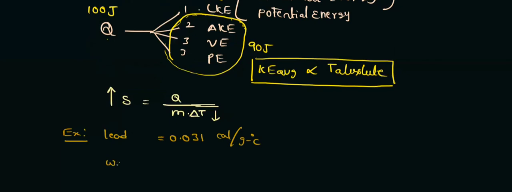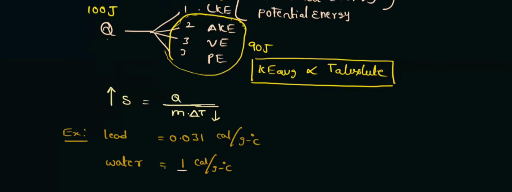Whereas water has the value of 1 calorie per gram degree Celsius. Now, can you tell me, ఈ రెండిటికి సేమ్ అమౌంట్ ఆఫ్ హీట్, 100 joules of heat ఇచ్చాం. ఏది ఎక్కువ రైజ్ అవుతుంది టెంపరేచర్, ఏది తక్కువ రైజ్ అవుతుంది? Can you guess? You can say that, right?